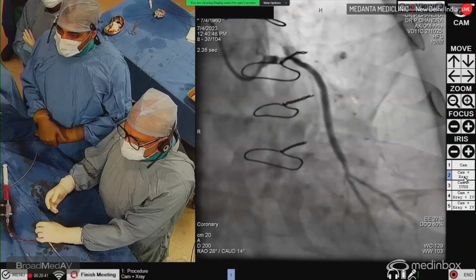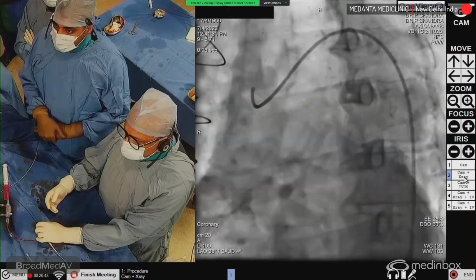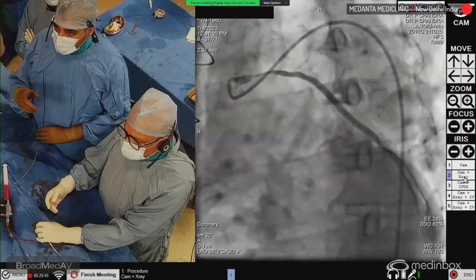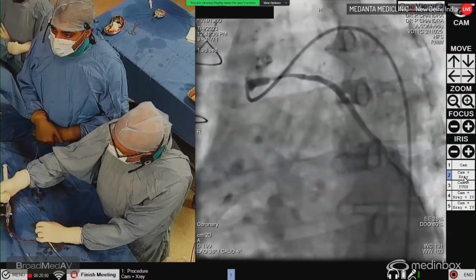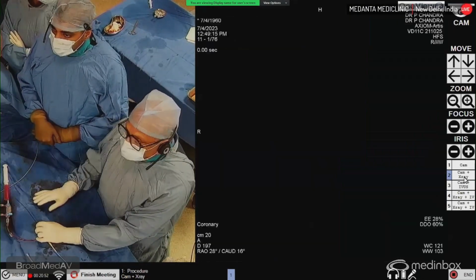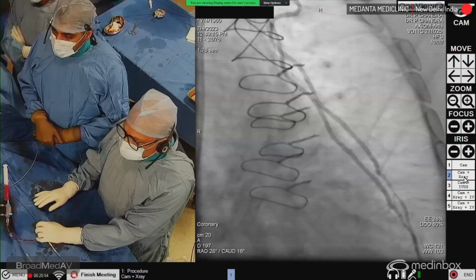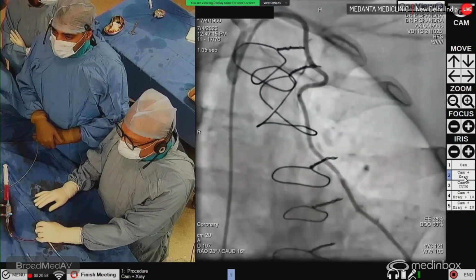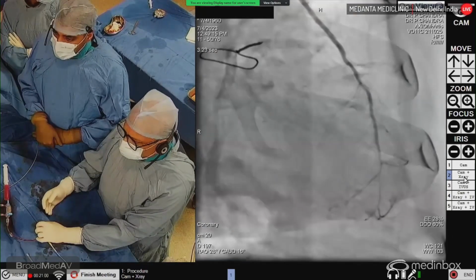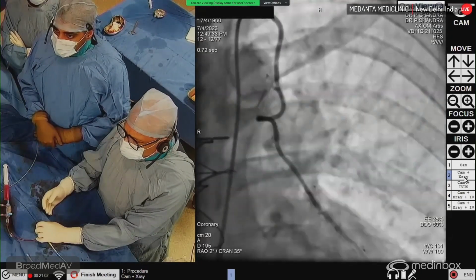It is supplying the ramus intermedius. We can see it clearly in this view, proximal almost 95% stenosis. Next. This is the LIMA, which is supplying the LAD distally. LAD distally has diffuse disease, but we will keep him on medications only for this also.